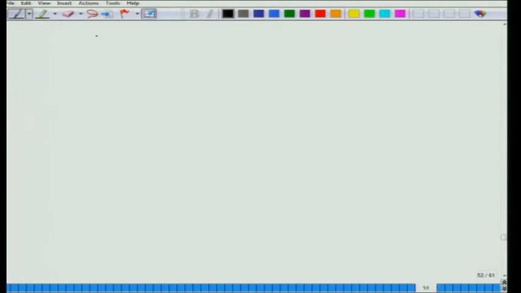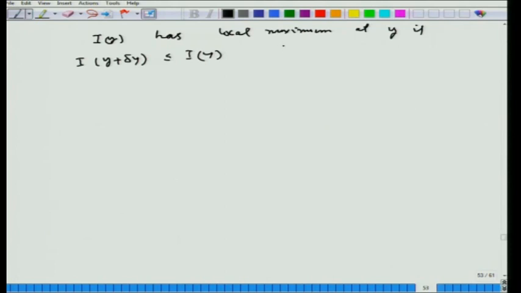So, here we define that I y has a local maximum at y if I y plus delta y is less than I y for delta y small.